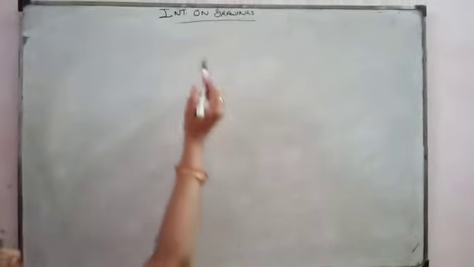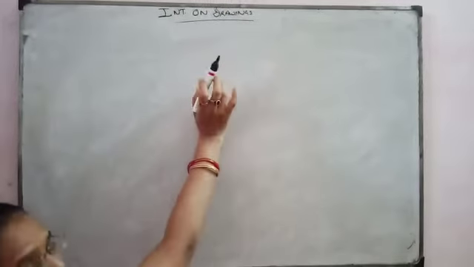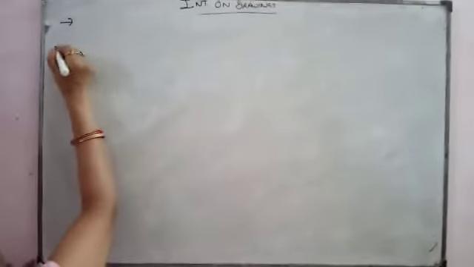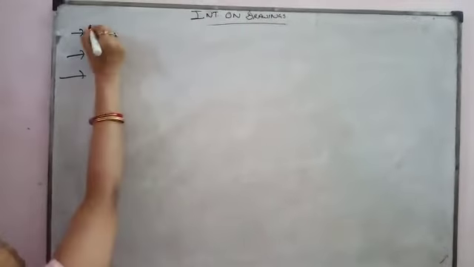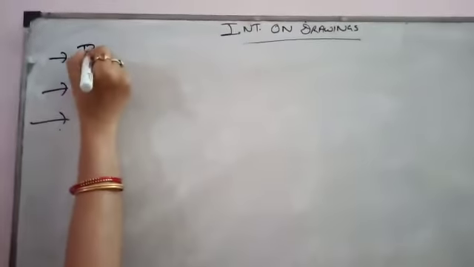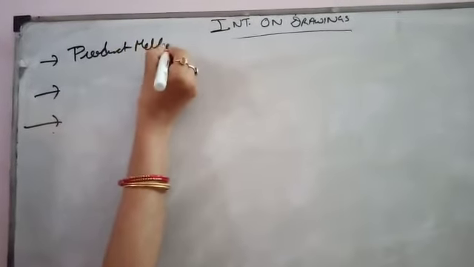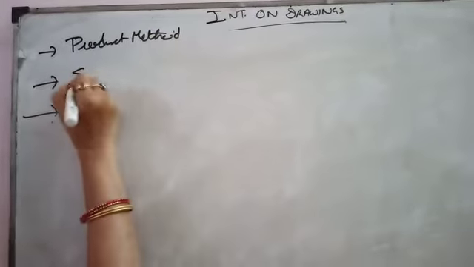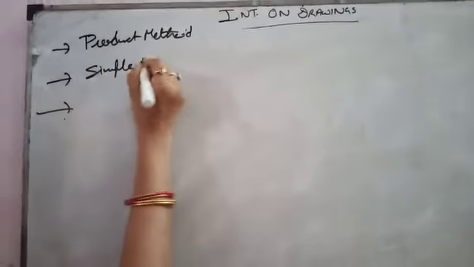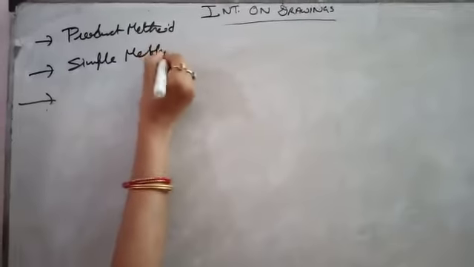Students, so today's topic is interest on drawing, right? So we have three methods to calculate interest on drawing. First is the product method, simple method, and average method.